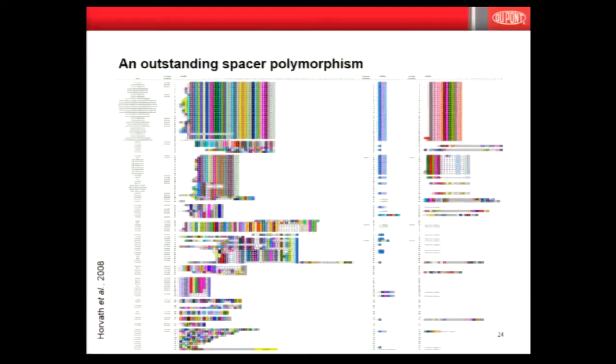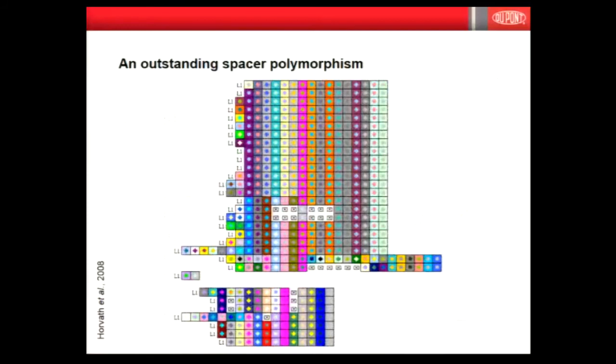What we saw at that time was an outstanding diversity of spacers. I will zoom in on this area to explain. It's a graphic representation that we developed in order to compare the spacer content across different strains. Each square corresponds to a spacer.